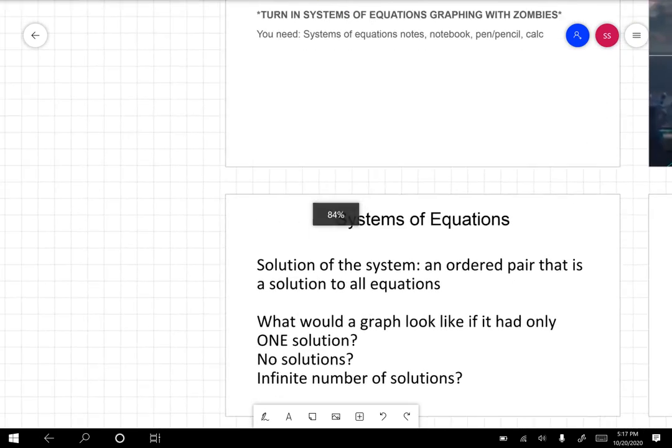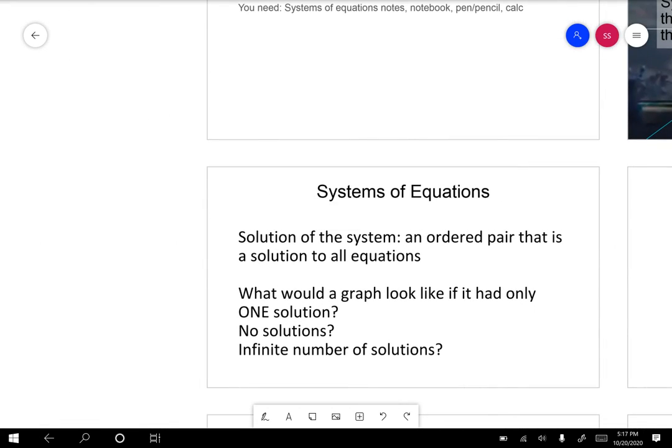Okay, system of equations. We talked about this last time too. Again, this is just kind of a refresher. A solution to a system of equations is going to be the ordered pair, so the x and the y, that is the solution to all equations.